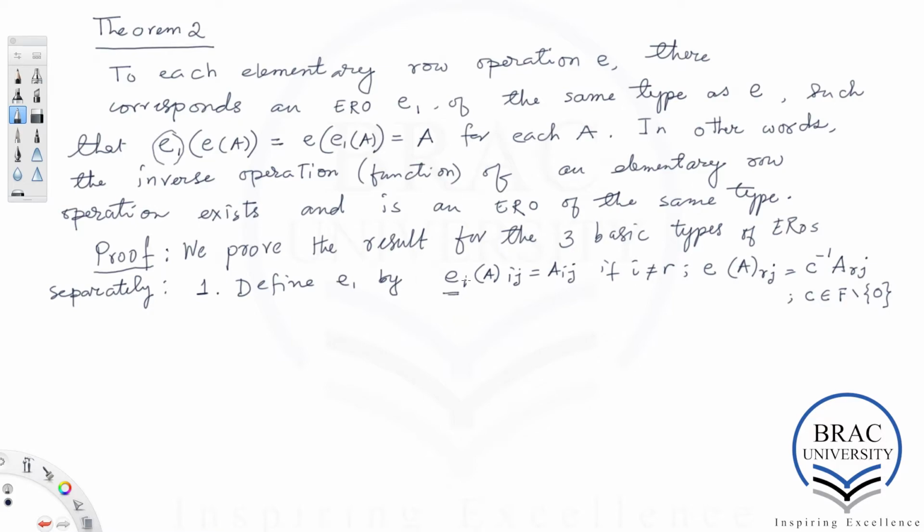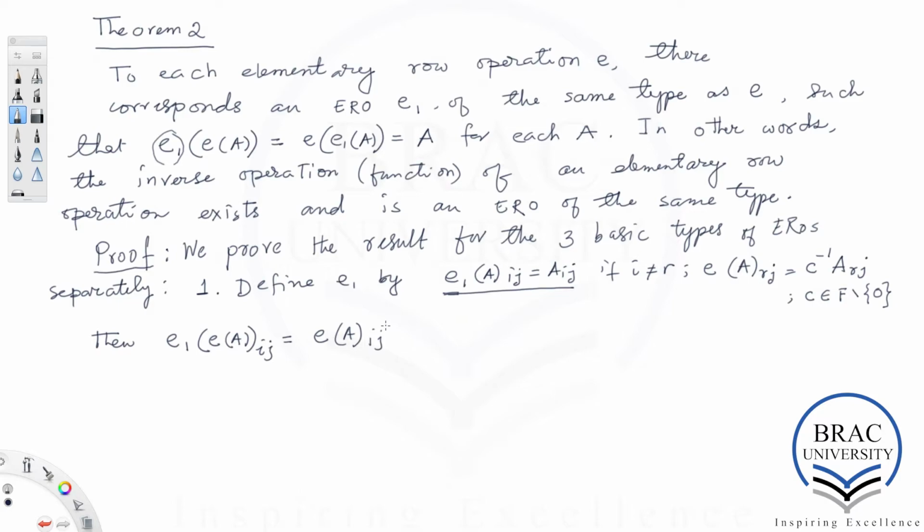Okay. Now check that E1 of E of A Ij is E of A. We are using this definition. E of Aij.